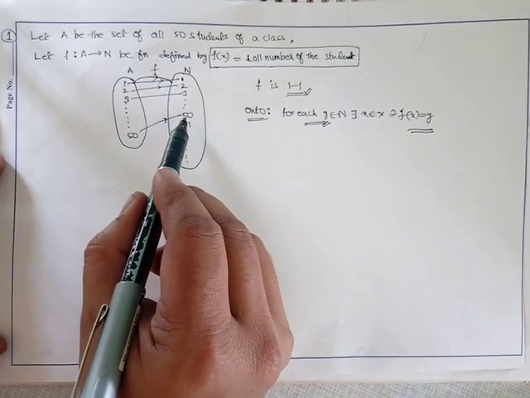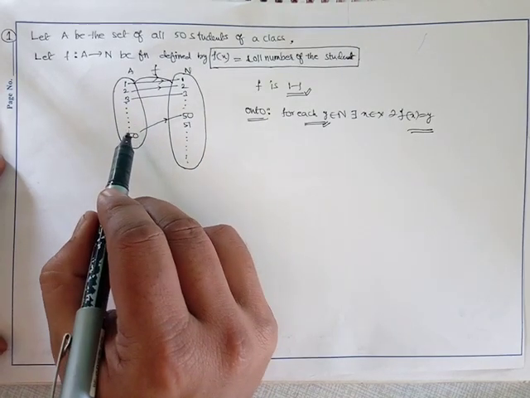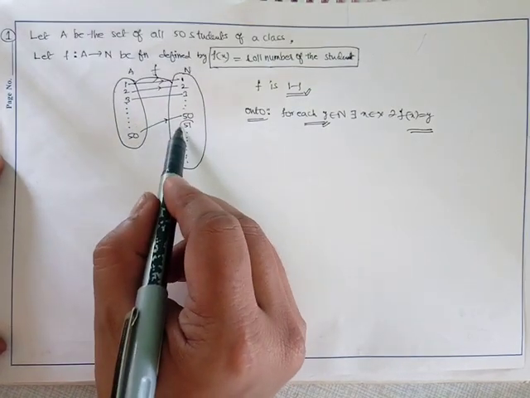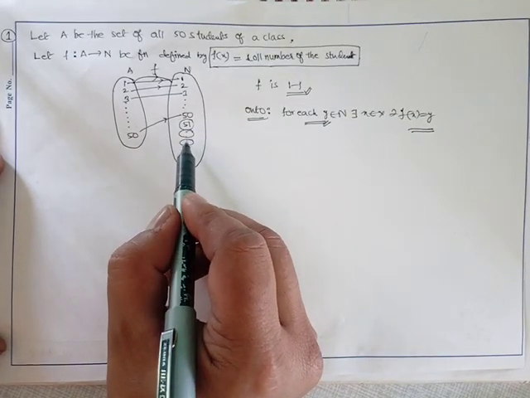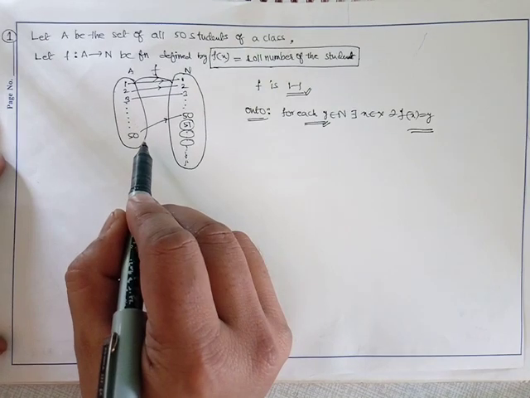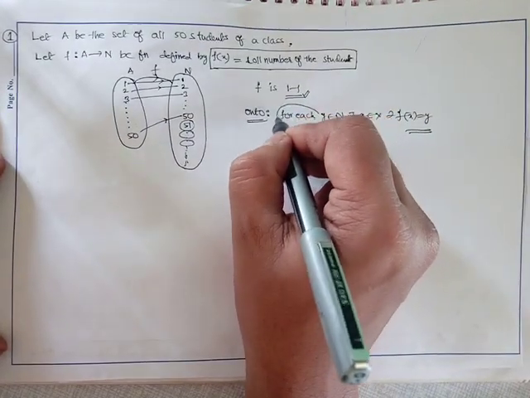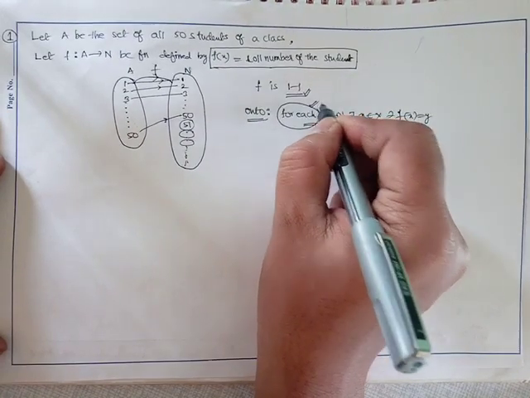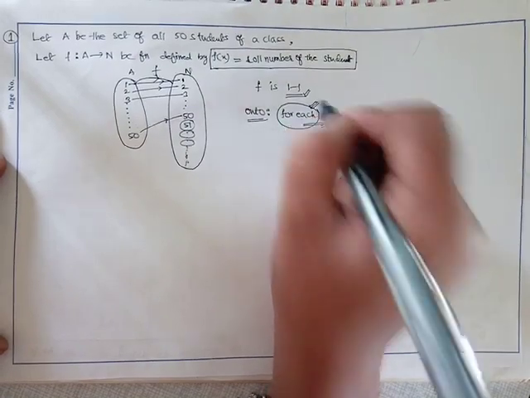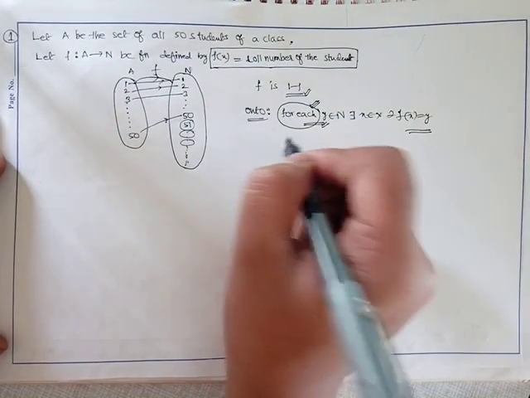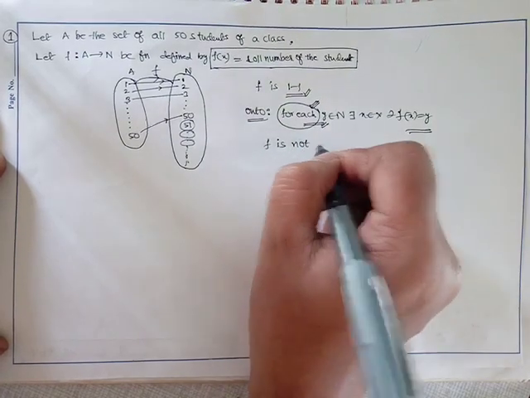So these 50 elements are the images of particular elements of set A, but 51, 52, 53 and so on elements are not the images of any elements of set A. So in that particular place, the condition for each y is not completing, and so we can say by the definition f is not onto.